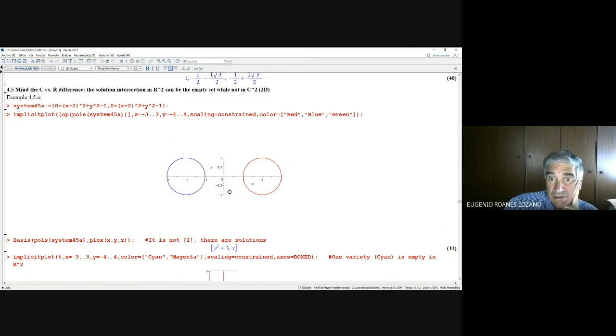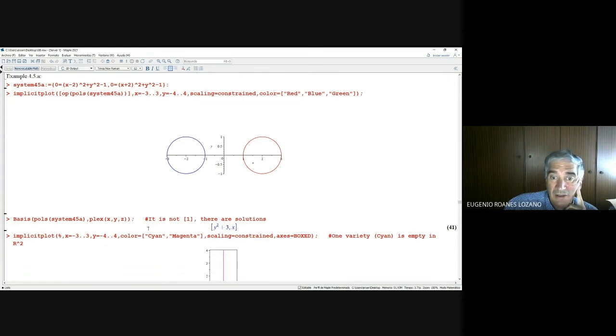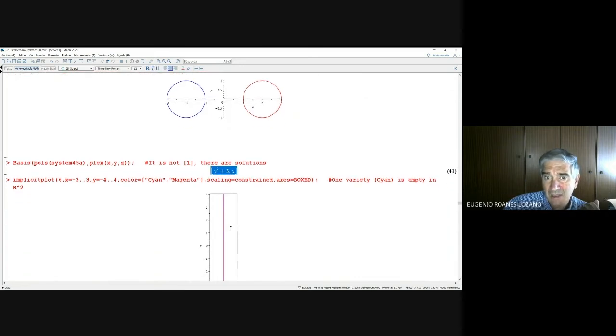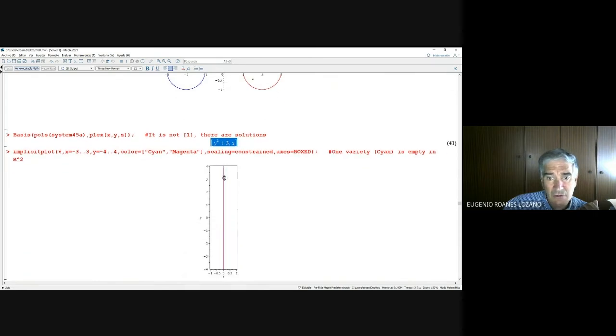For instance, these two circumferences have nothing in common in the reals. But if we compute the Gröbner basis, it's not one. So there are solutions. Let's try to plot it. It has two components, but when we plot it, we obtain only one.